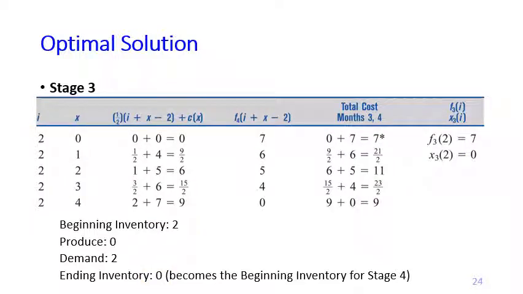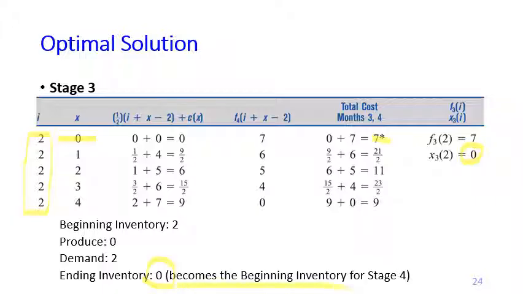So you go to stage 3 and then look at the beginning inventory of 2 units. The best decision is producing 0 units here. The demand is 2 for month 3, so the ending inventory of this month equals 0.